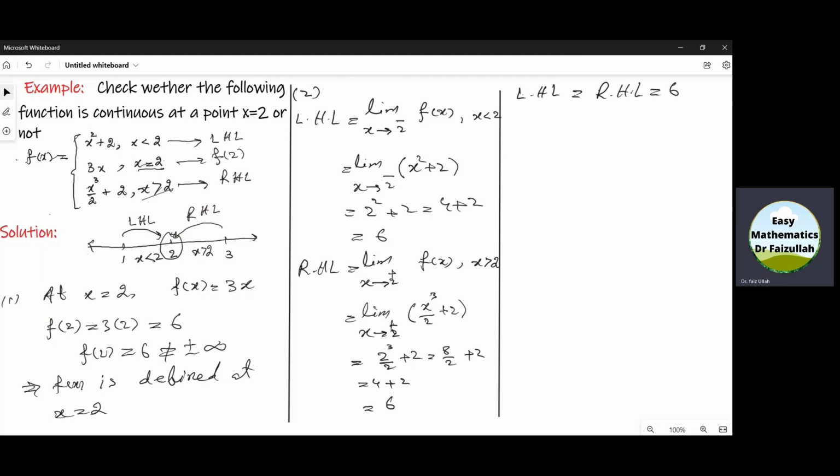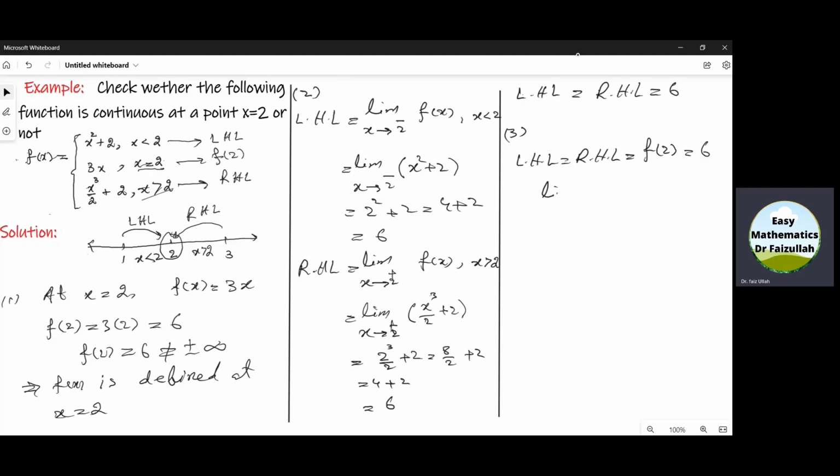It means limit exists. The third condition is that left hand limit will be equal to right hand limit, and this must be equal to the value of the function at 2, and we can see that all of these three are equal to 6. So the third condition is satisfied.